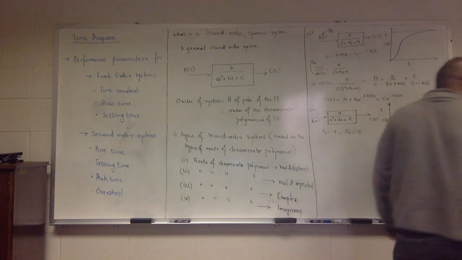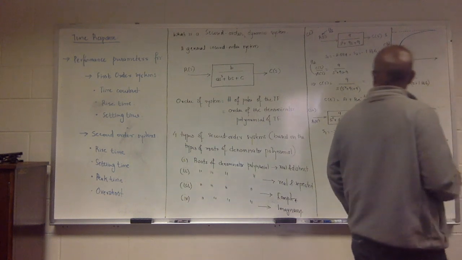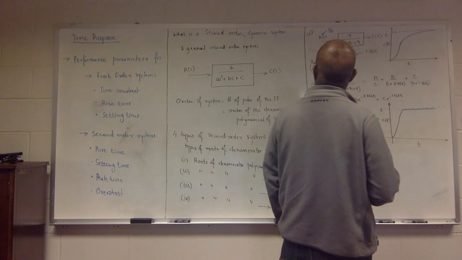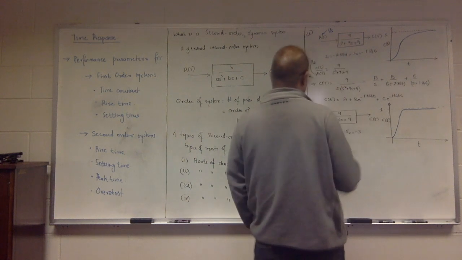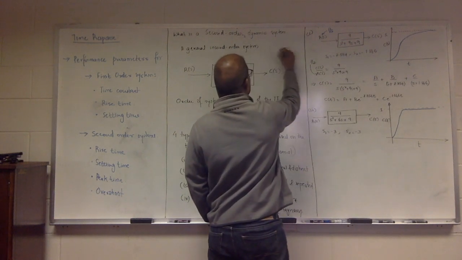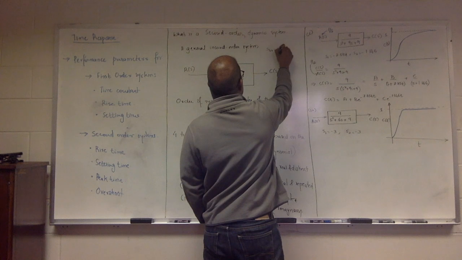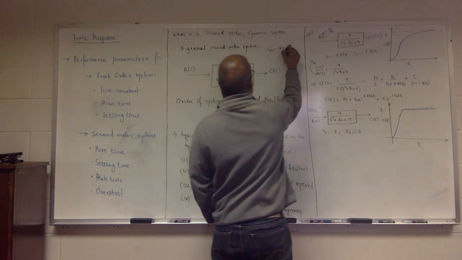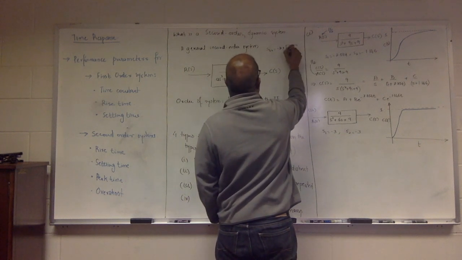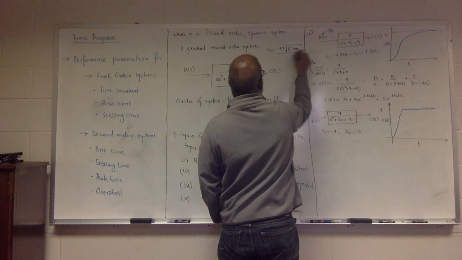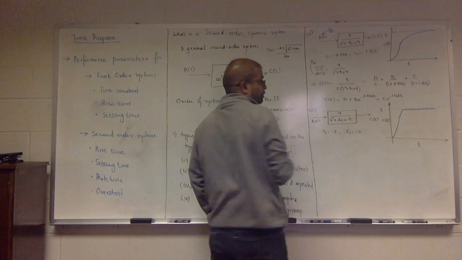Carson, how'd you get the -7.854? Well, S1 and S2 for the first one again? Remember this? You have S12 is equal to -b plus or minus square root of b squared minus 4ac, divided by 2a, right?